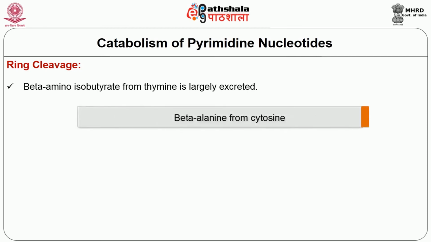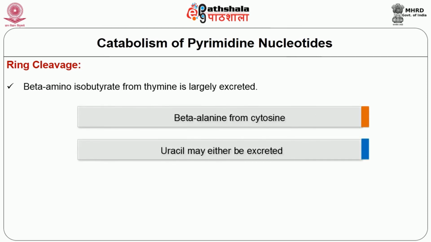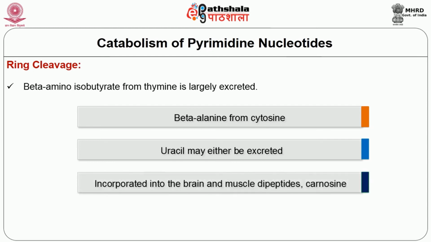The beta alanine from cytosine or uracil may either be excreted or incorporated into the brain and muscle dipeptides, predominantly carnosine and anserine. The scheme that is now displayed on your screen will summarize the catabolism of pyrimidine nucleotides.